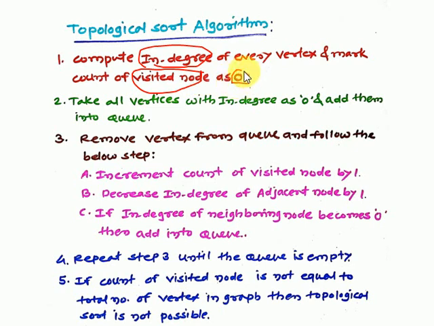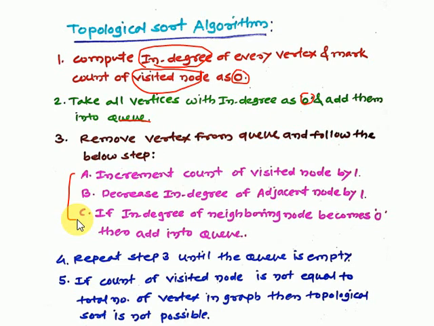So these are the two initialization things we do: finding the in degree of each vertex and marking the visited count as 0. Then we consider all the vertices with in degree 0 and add them into the queue. Then we remove a vertex from the queue, that is, we call delete queue. These are the three steps we are going to follow.